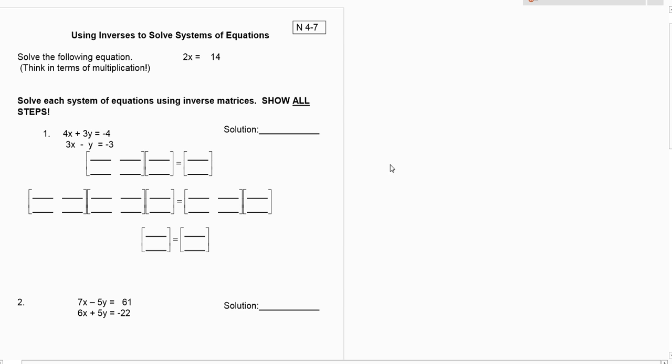Alright, so our two equations are over here. We have 4x plus 3y equals a negative 4 and 3x minus y equals a negative 3.